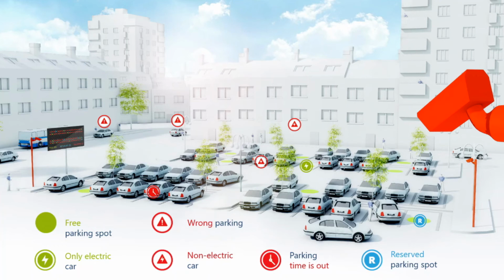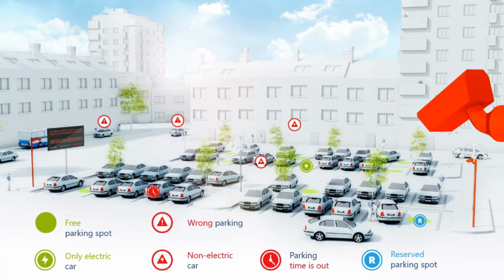Then also measure the length of stay or detect several parking violations, for example, wrong or prohibited parking, or that the parking time is over. You can also define spots for electric vehicles and detect whether it's occupied by a non-electric car, for example, or create reserved parking spots that are assigned to specific users.